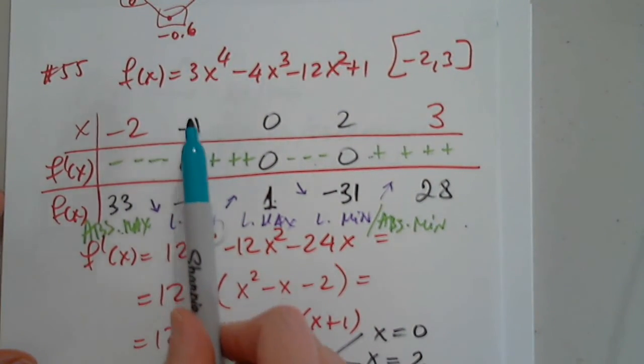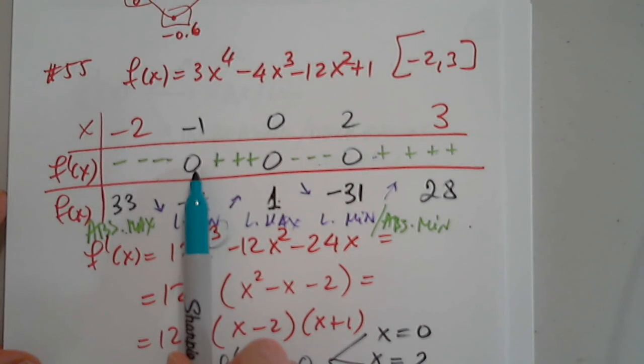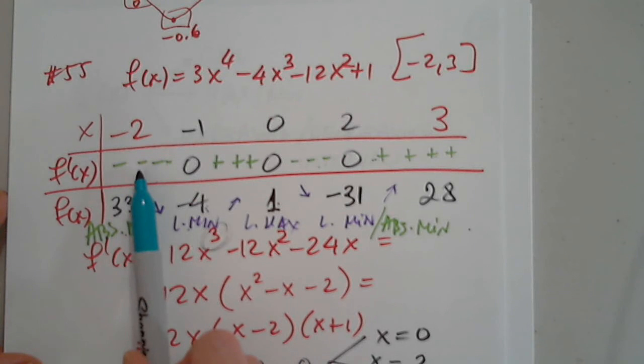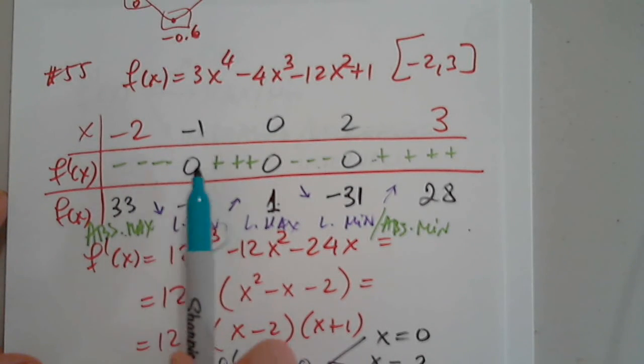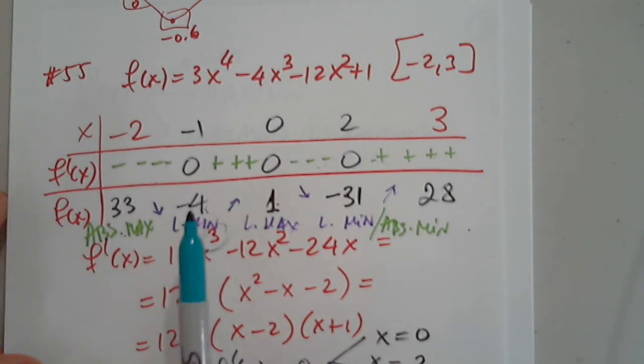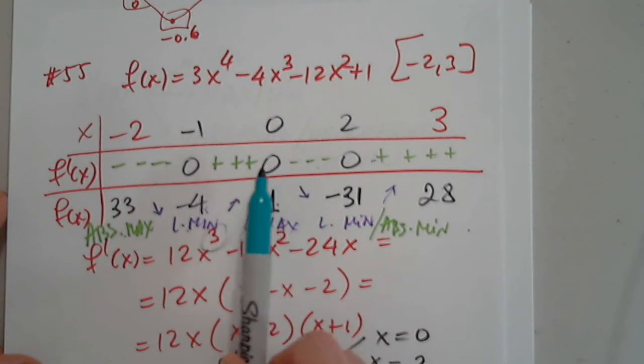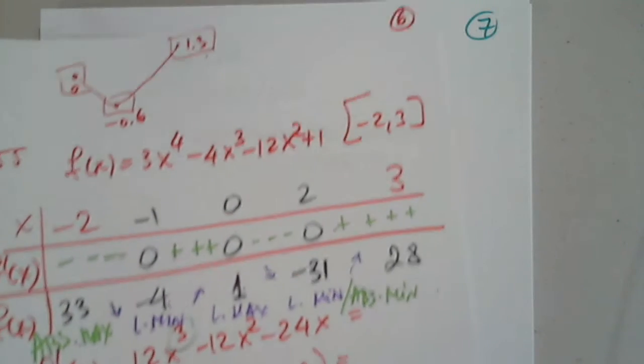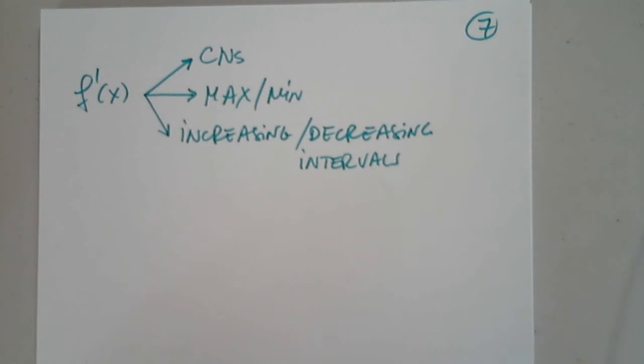If a function has a critical number, where the function is defined, of course, and the sign change of the derivative is this, it's a local minimum. If the sign change or the sequence of the sign change is this, then it's a local max. That's the first derivative test.